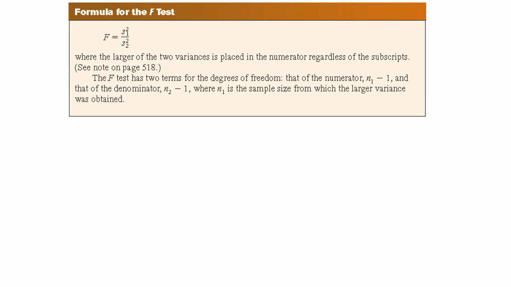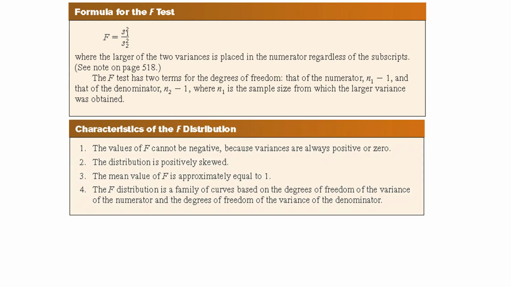called the F distribution. So these are the characteristics of the F distribution. The values of F cannot be negative. Of course, it cannot be negative because we are talking about variance. Take note that variance is squared in the formula, so it is always positive or zero.